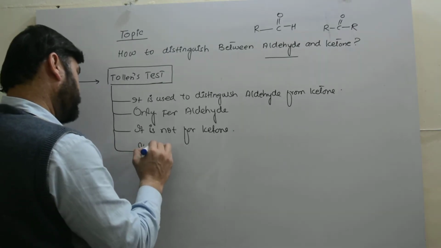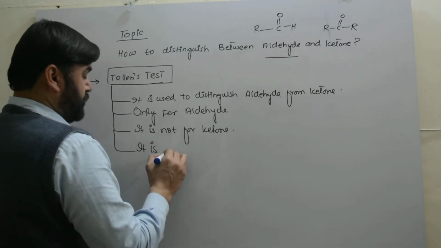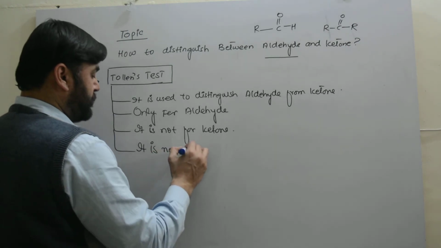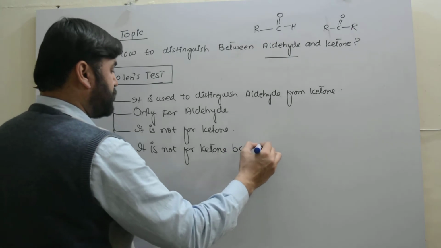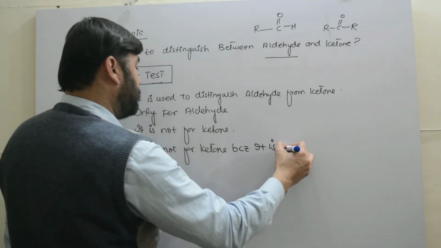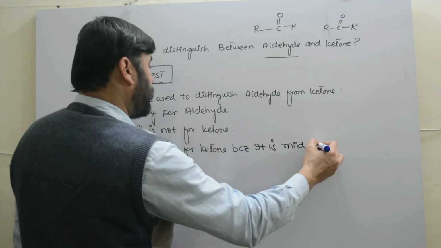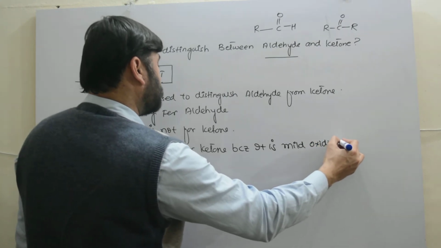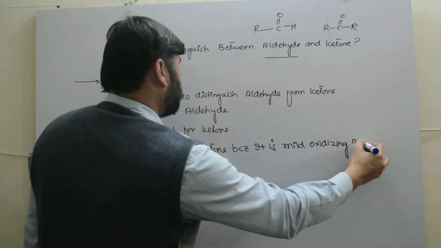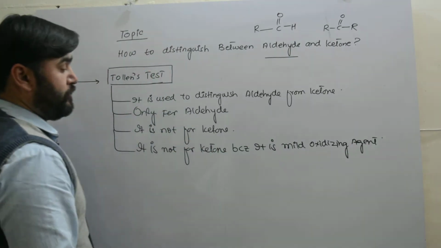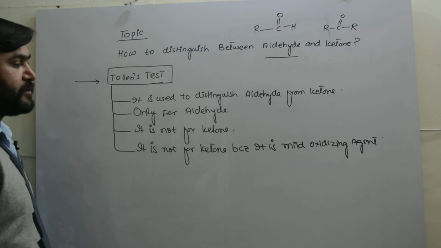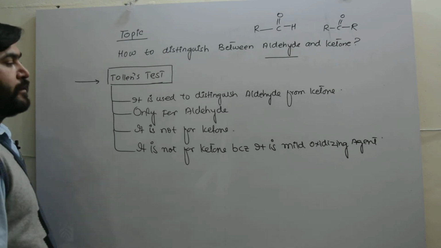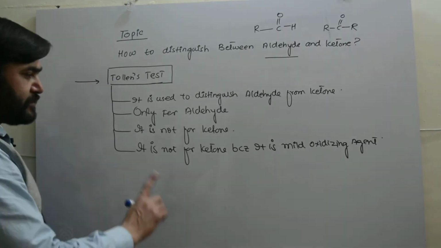It is not for ketone because it is a mild oxidizing agent. What is a mild oxidizing agent? It means it is very weak, so it cannot react with the ketonic group. So these are the important things.